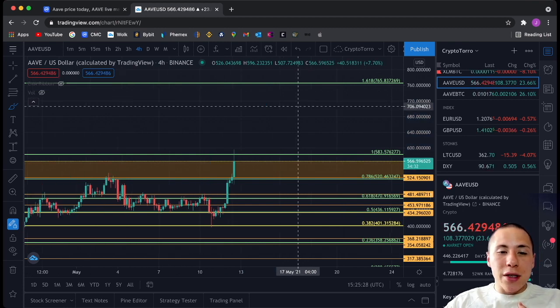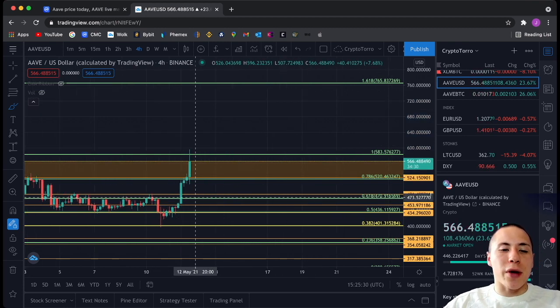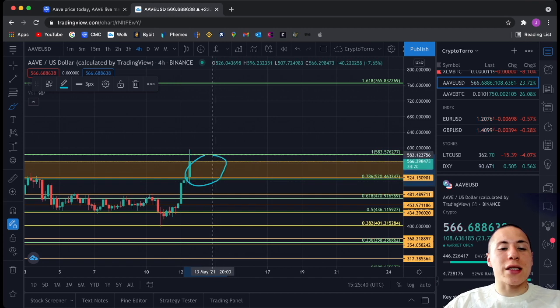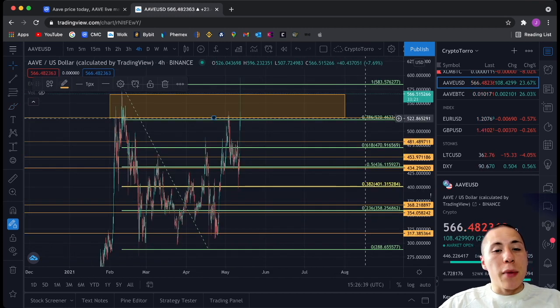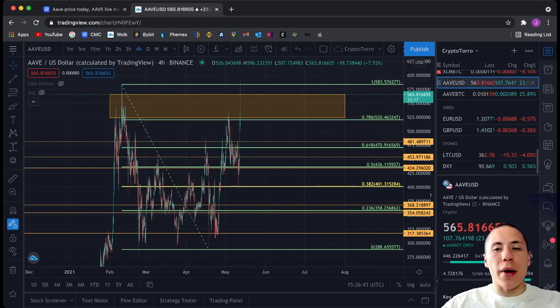But I'm still just very curious what Eve will do after this short momentum towards the upside, and I think it will be finding support and support on the previous resistance. But just to make sure, I would like to switch over towards the Eve compared to Bitcoin chart.